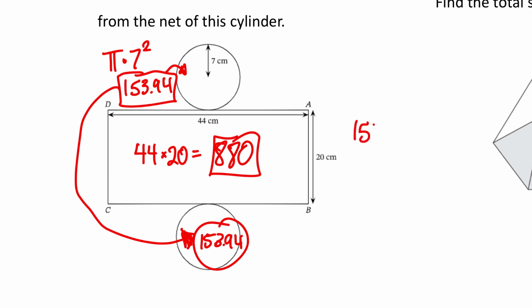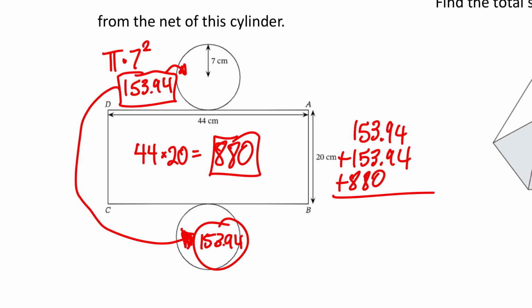So 153.94 plus 153.94 plus 880. Just going to type that in my calculator. 1,187.88 square centimeters.